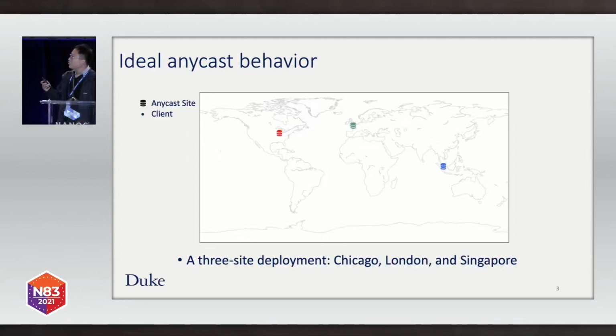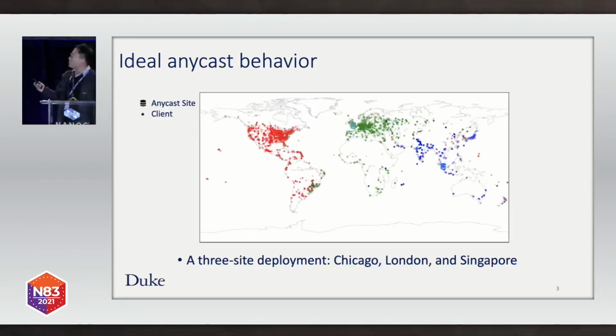In this graph, we show an example of an Anycast network composed of 3 different Anycast sites: one in Chicago, one in London, and one in Singapore. We also have a bunch of clients that want to access this Anycast service. In terms of performance, each client should select the site which provides the minimal round trip time. That's how the optimal catchment should look.